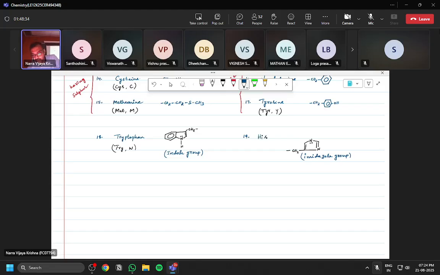What is the use of this histidine? It is necessary for digestion, right? Histidine will trigger secretion of acids from stomach walls. That's how we are able to digest food, right?